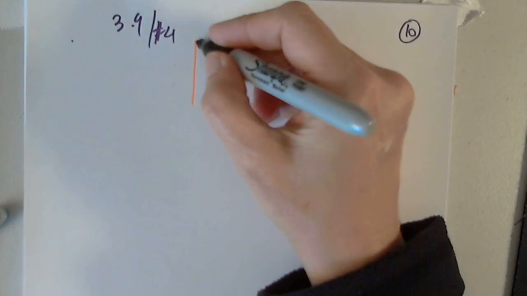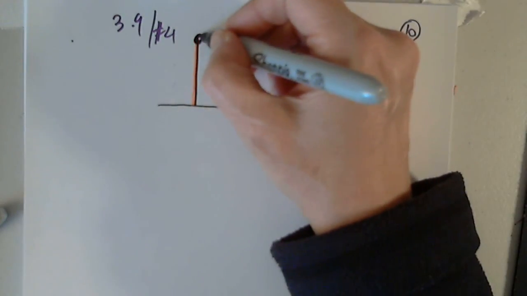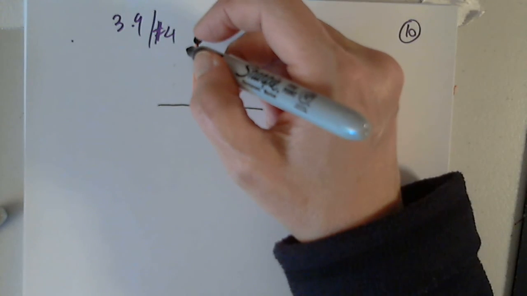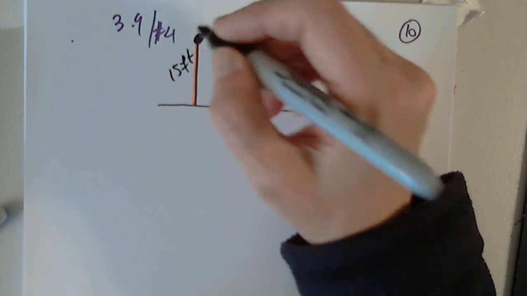A streetlight is mounted at the top of a 15-foot tall pole. So it's right here, and this is 15 feet tall.